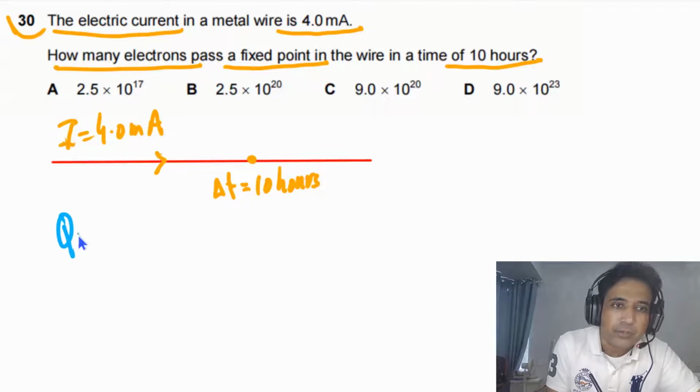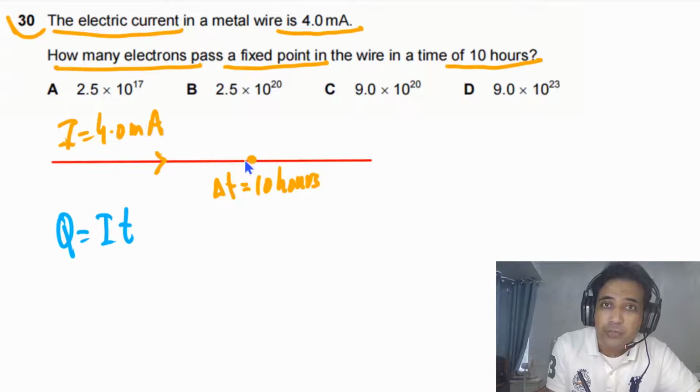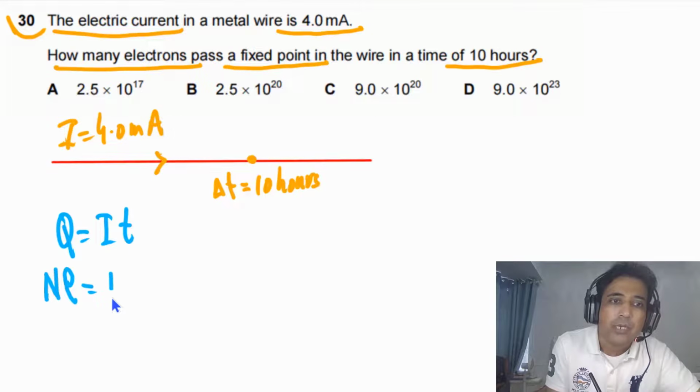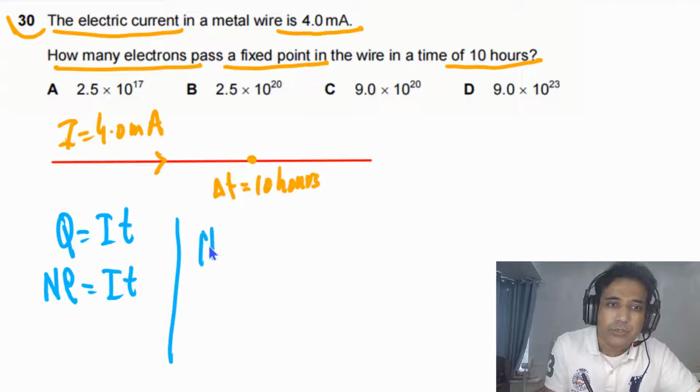We can start with Q equal to I times t, meaning the amount of charge passing through this point, and the amount of charge will be equal to n times the charge on a single electron, and this is equal to It. For this question we need to calculate n, so n is equal to It divided by e.